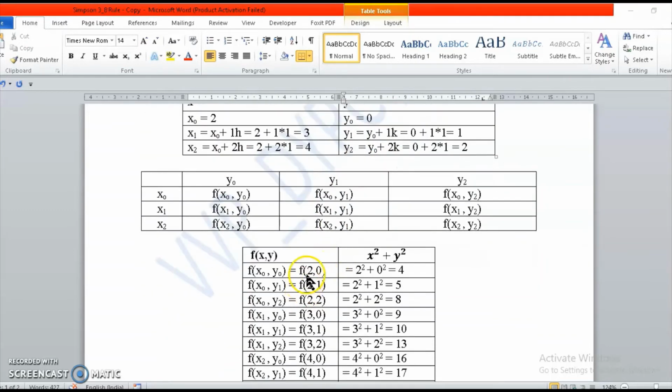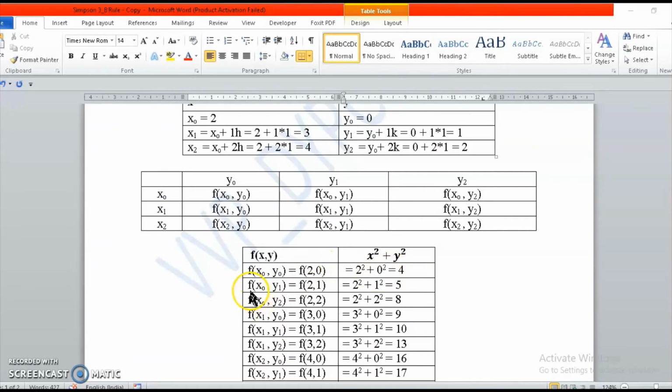So I am writing f of 2, 0, and then our function is x square plus y square. Instead of x I have to put the value of x0, that is 2. So it will be 2 square plus y0 is 0, that is 0 square. So it will be 2 square plus 0 square, which is 4.